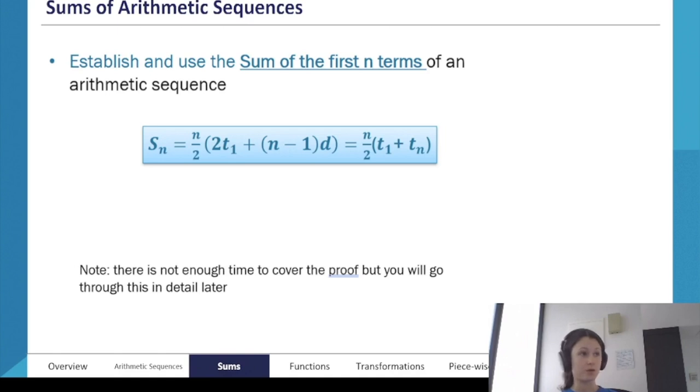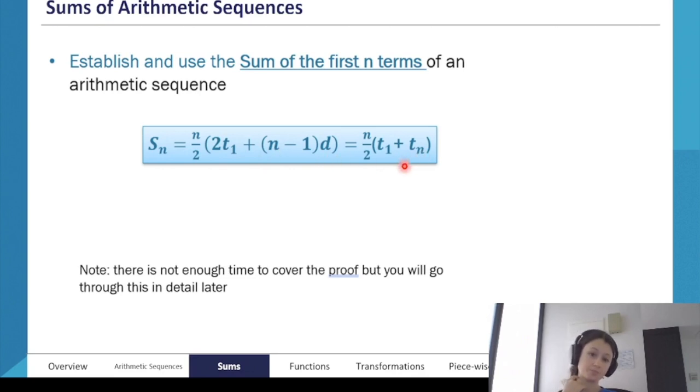There's two parts to the equation that we're given here, which can look confusing at first, but I'll explain where they come from. So, as you can see here, the difference between these two equations is in the brackets. So they both have n on 2 out the front, but in the brackets they're slightly different.